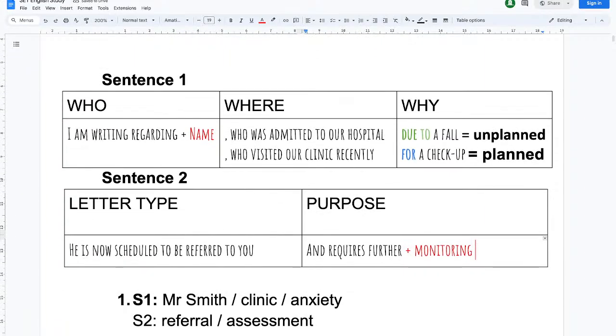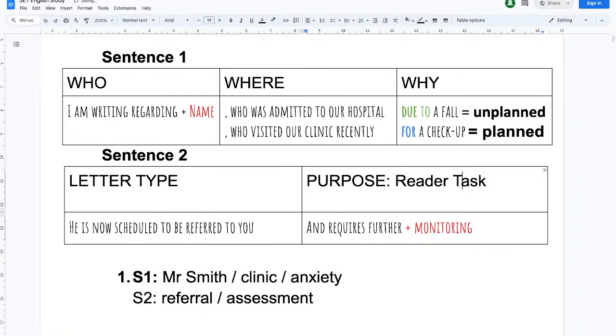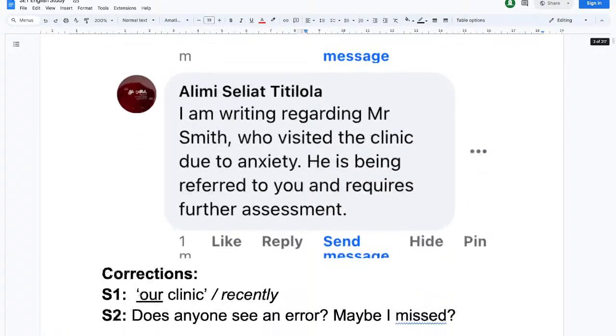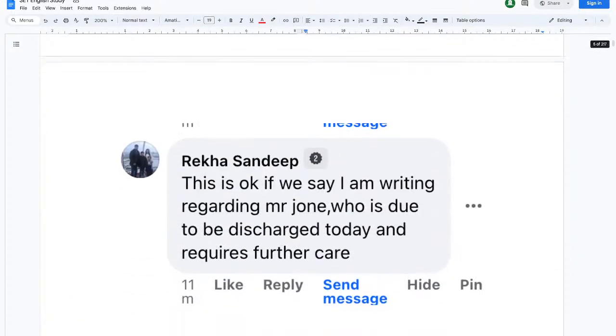Whatever the reader is doing, this is the reader task. So whatever they are doing, you change it, okay? In general, it is the purpose of the letter. It is the reader task. So here it needs to be "assessment". Okay, so small error apart from that, Zed, I like your writing, looks good.